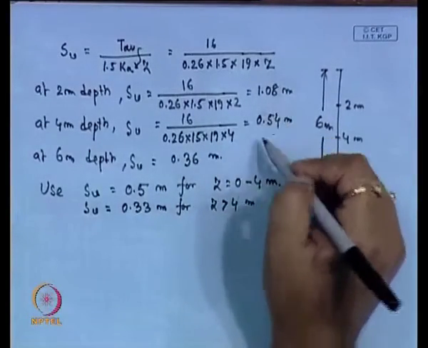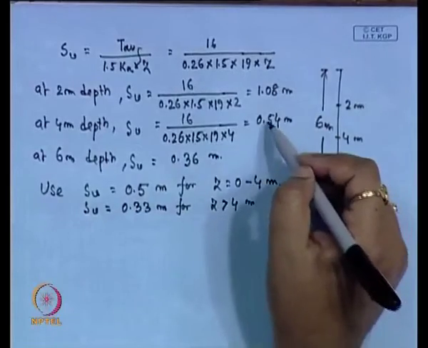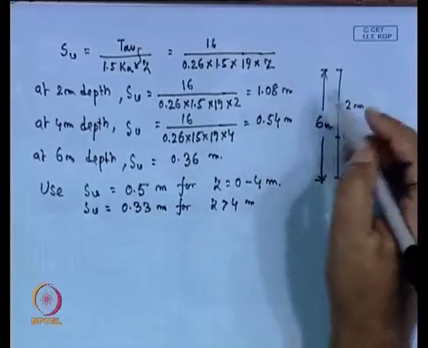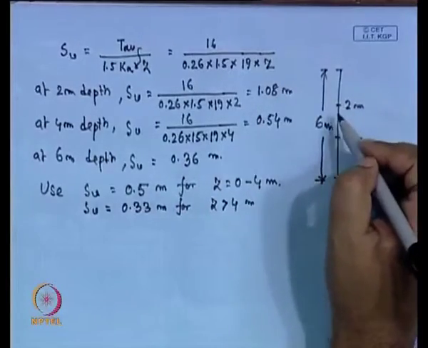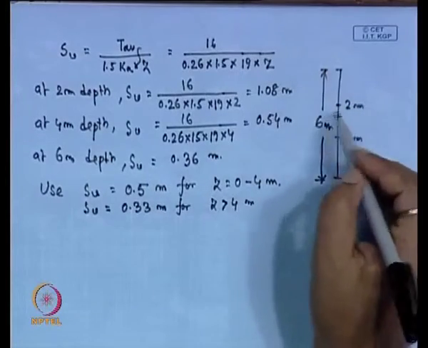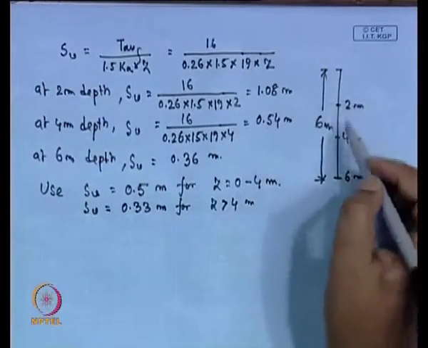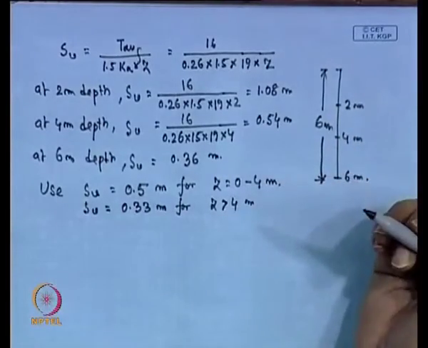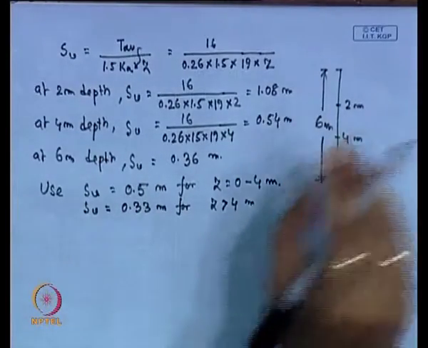Now, at 4 meter depth, the required spacing is 0.54, we are taking 0.5. Now, you can ask another question: at the 2 meter we can provide 1. That is also possible, that up to 2 meter we provide 1 meter, then 2 to 4 is 0.5, then 4 to 6 is 0.33. So, there will be so many variations.